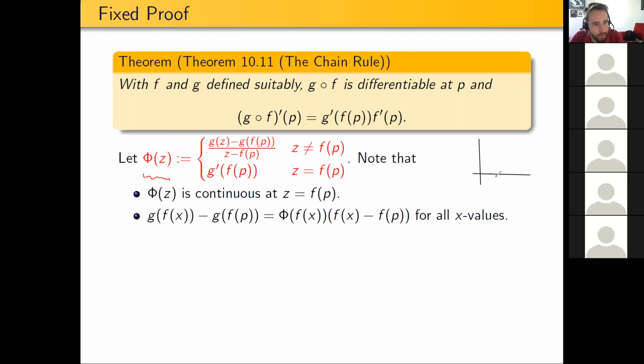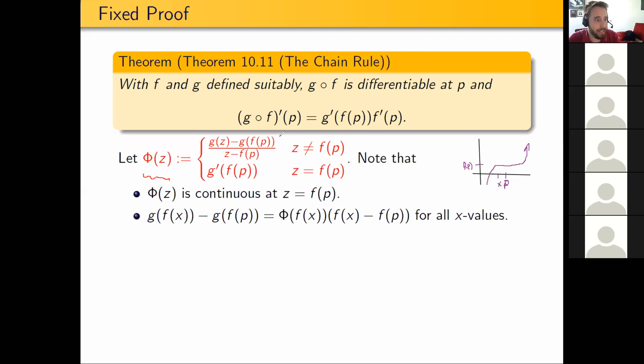For the flat function that we had on the previous page, pretend that it's nice and flat right around p. Then at this point here, this is f of p.